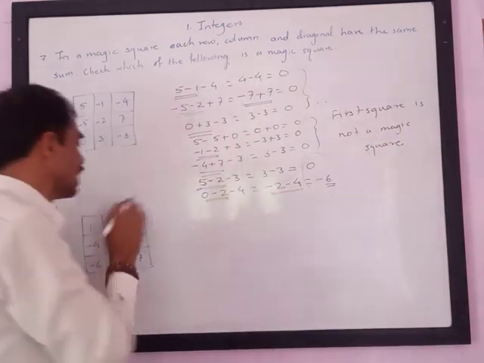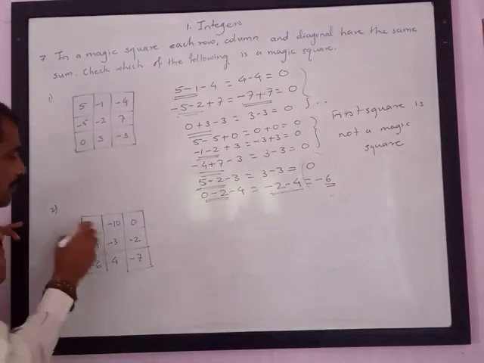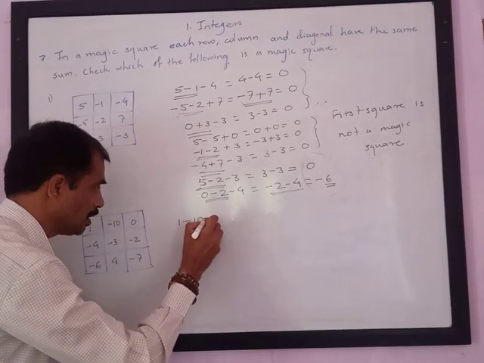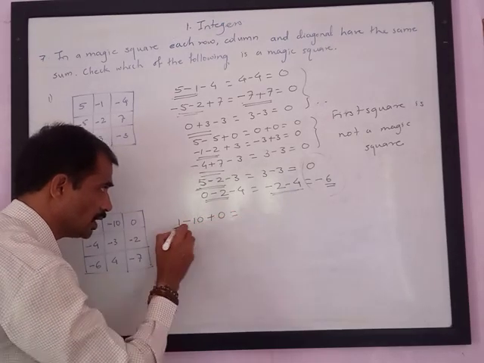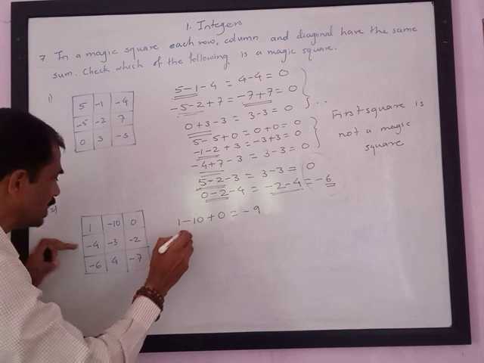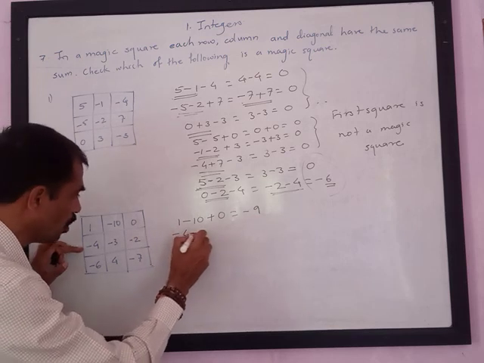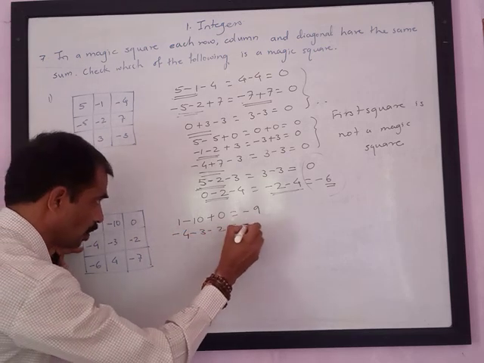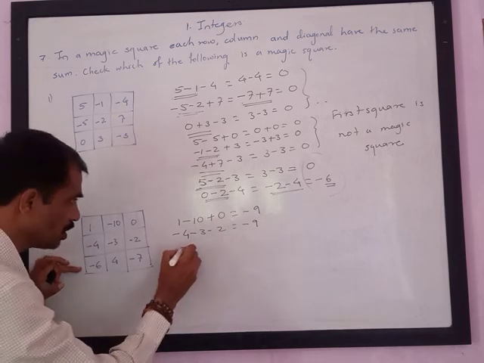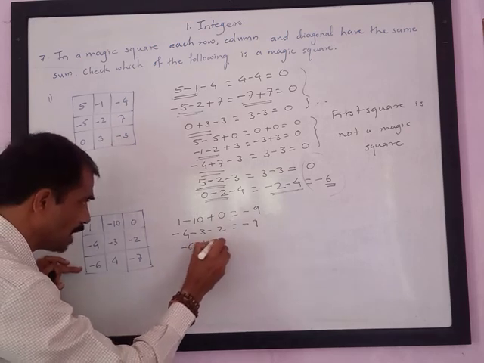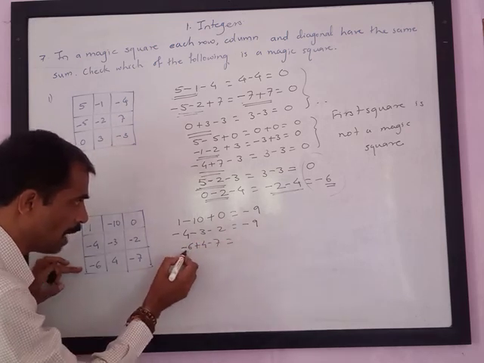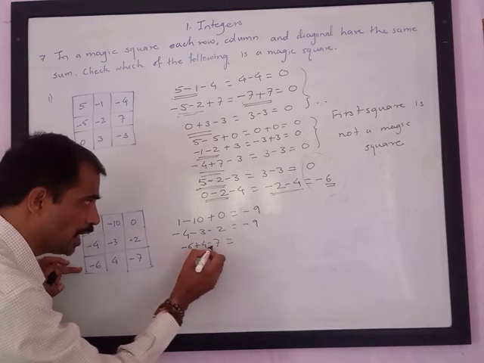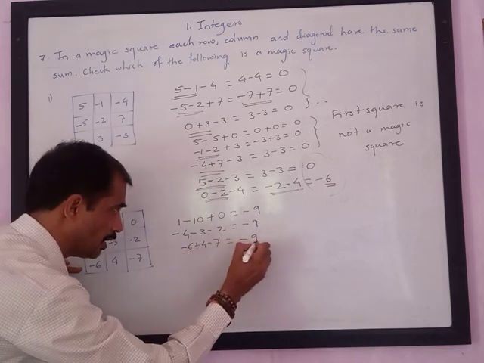Let us check the second square. Now the first row is 1 minus 10 plus 0. This is equal to negative 9. Then the second row is minus 4 minus 3 minus 2, that is again negative 9. Third row is minus 6 plus 4 minus 7: minus 6 plus 4 is negative 2, negative 2 minus 7 is again negative 9.